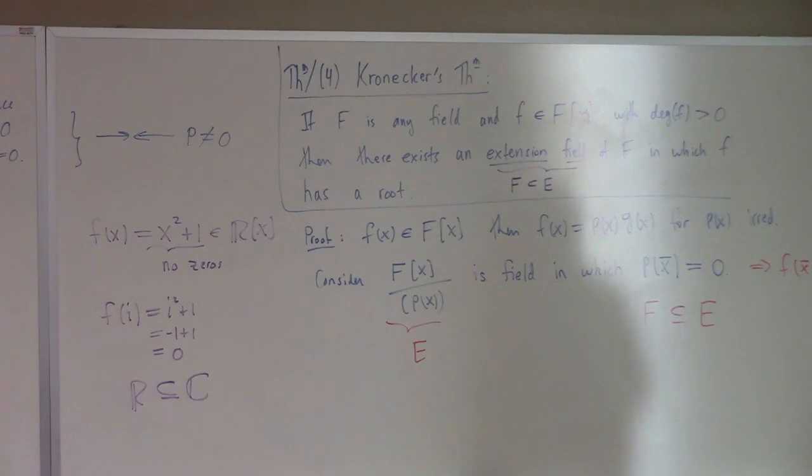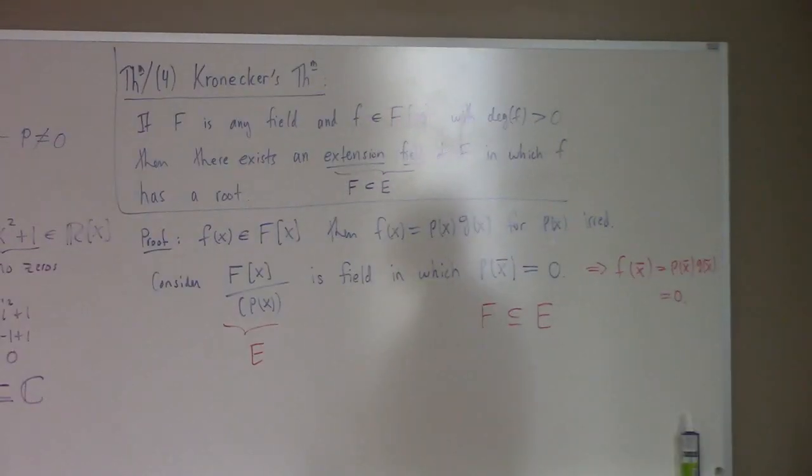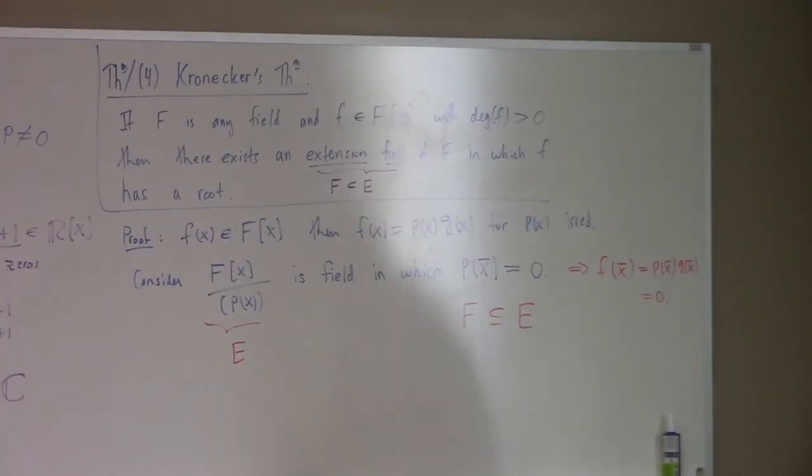That's it. That's how you do it. So it doesn't matter that other polynomials aren't irreducible, because you can always find an irreducible factor and from that form a field which forces that part of the polynomial to be 0, and that's all you need.